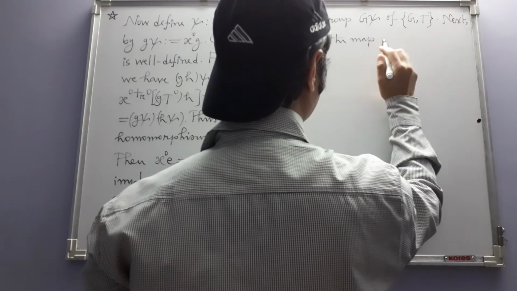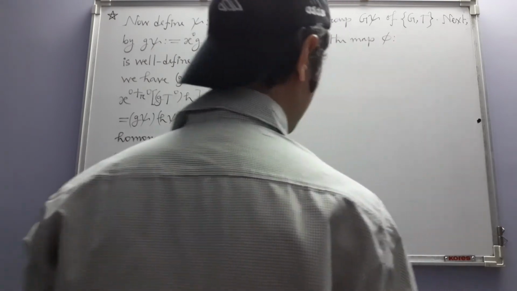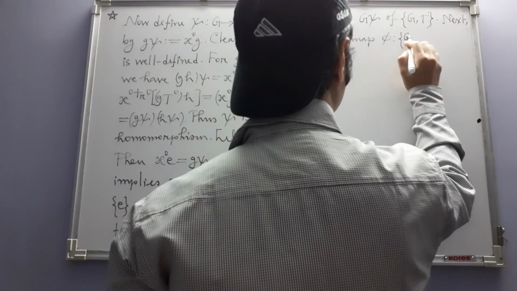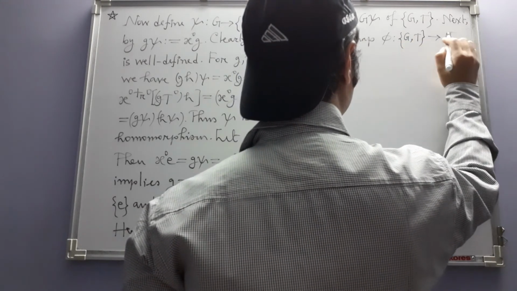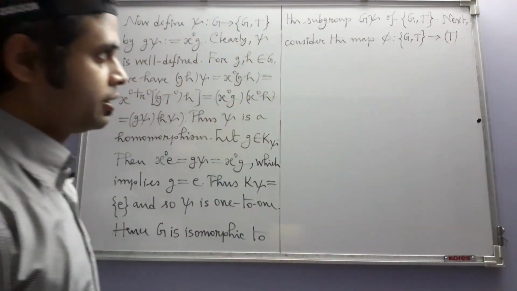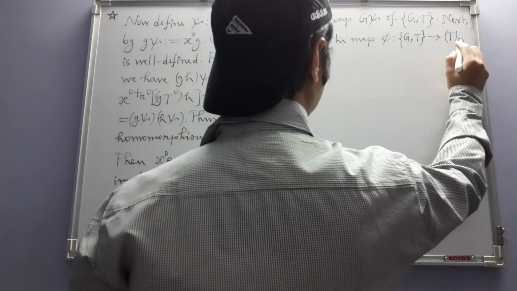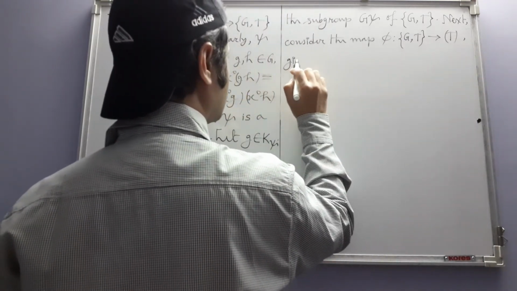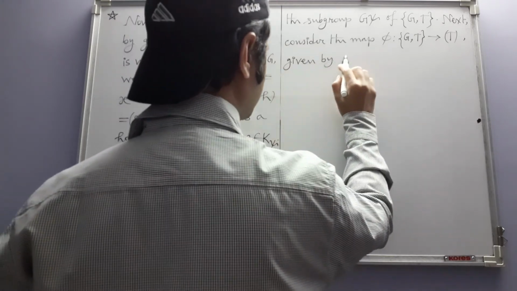Which map should I consider? Let us consider phi from our constructed group to the cyclic subgroup generated by T.